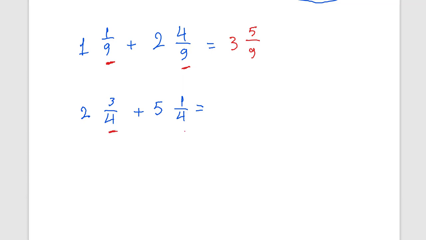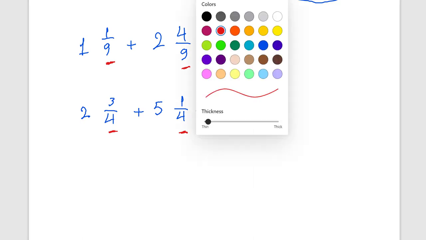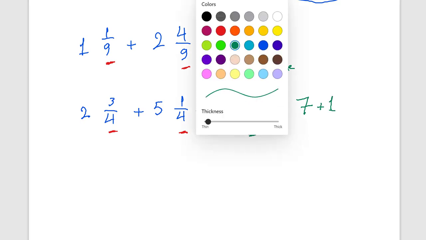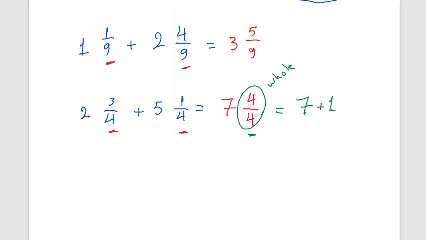Okay, so we add 3/4 plus 1/4, it's 4/4. And then we add 2 plus 5 equals 7. Oh, 4/4? Remember that 4/4 is equal to a whole 1. So this is like 7 plus 1. And we can skip this and say that this is 8.